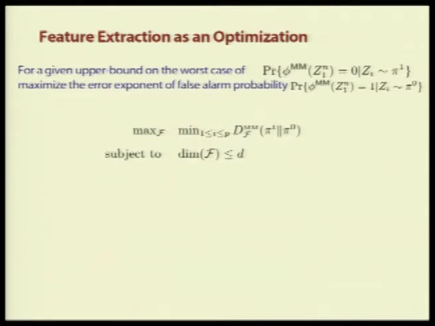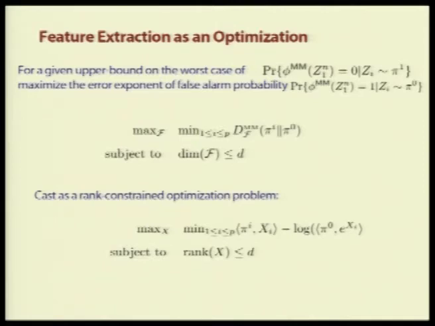Basically, you look at the worst case false alarm error exponent and maximize it over the function class. But there's a constraint. Basically, you want the dimension of the function class to be smaller than d. And this constraint is what gave us trouble. So it can be cast as a rank constrained optimization problem, and this dimension of the function class becomes the rank constraint on X.